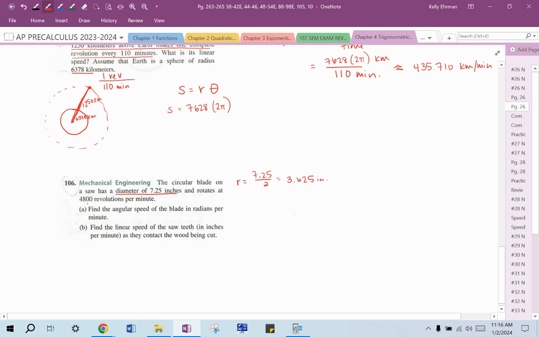And it rotates 4,800 revolutions per minute. Find the angular speed in radians per minute. Well, we almost have it. They give us the angular speed in revolutions per minute. So it's 4,800 revolutions, full circles. We just have to multiply that by how many radians in a full circle? 2 pi divided by 1 minute.